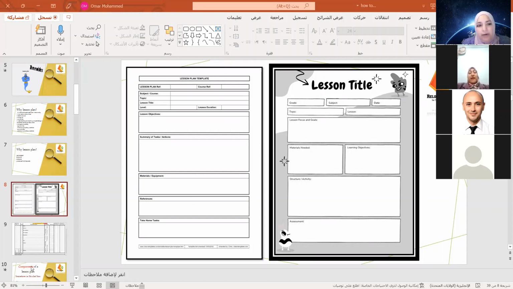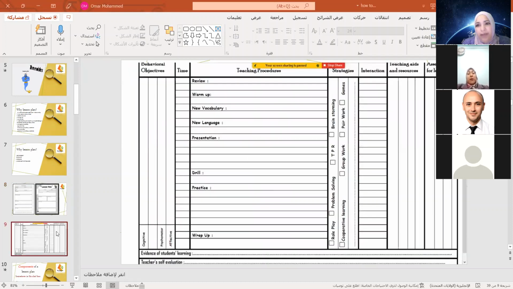The same here. Dalia, the frame, is it the timeline? You mean the template? The frame. What is the main ideas, you mean? Yes, one of them has more details for the supervisor. Which one, Azza?